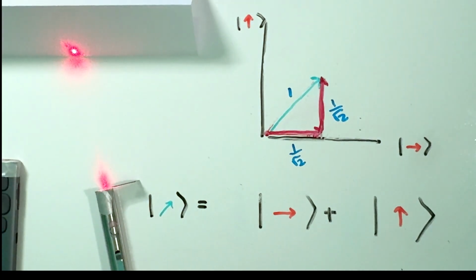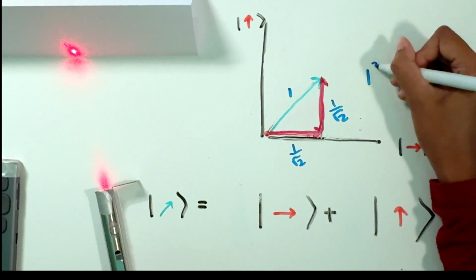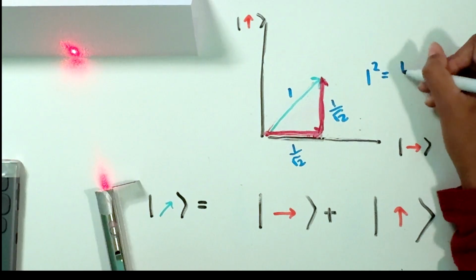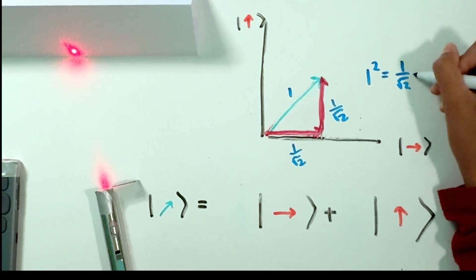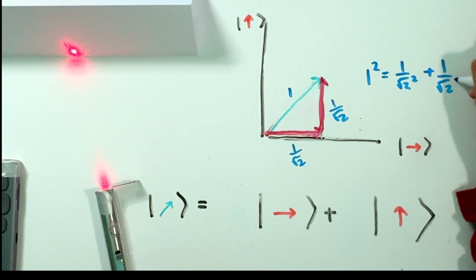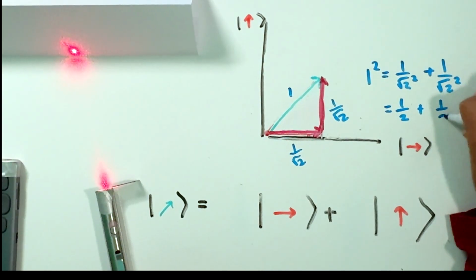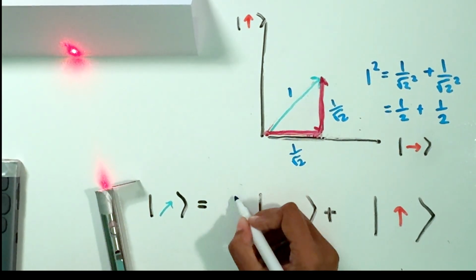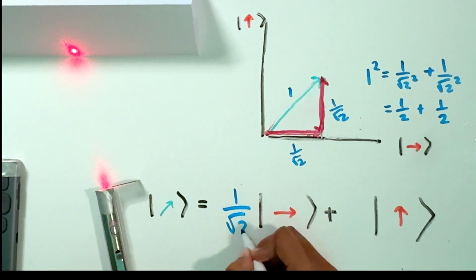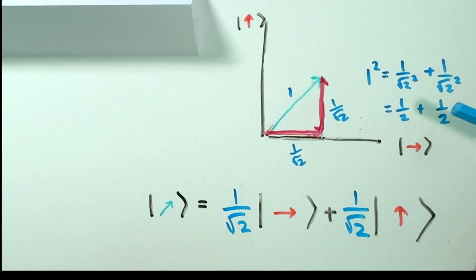So using Pythagoras' theorem, then you'll find that this should be the length, because if you have 1 squared, the hypotenuse squared, that is equal to 1 on square root 2 squared plus 1 on square root 2 squared, because that's half plus half. Okay? And so I'm going to put that 1 on square root 2 here, 1 on square root 2 here as well. This little Pythagoras' theorem calculation is actually really interesting because you see this half and half.